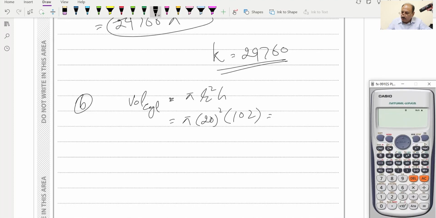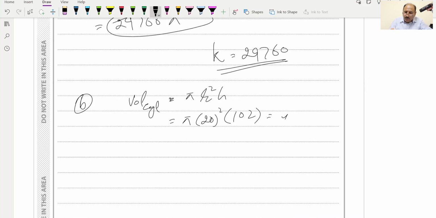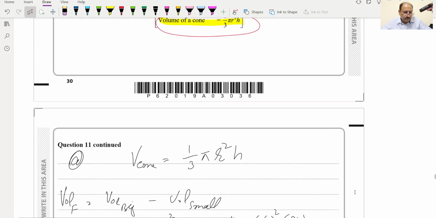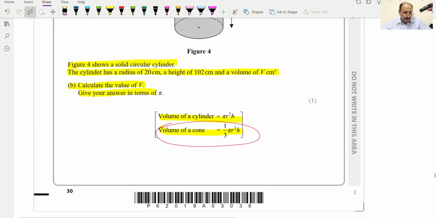This will be 20 squared multiplied by 102 is equal to 40,800, and this will be pi. So this will be the volume of this one basically. This is also done.